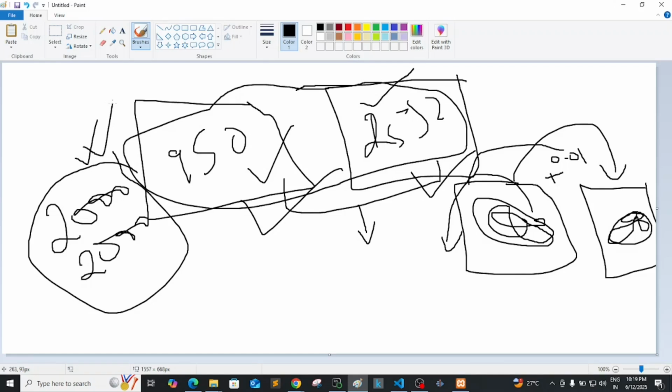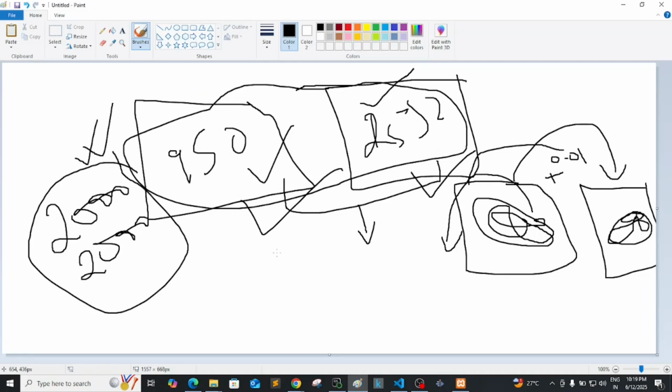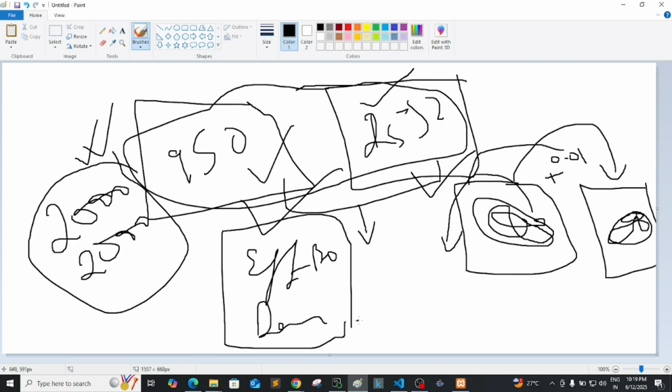So now we understood what we are doing and how we are getting it. And when it comes to model building, which models are we using? We are trying to go with models like EfficientNet B0, ResNet 50, and then the most important thing is we are even trying to go with hybrid models of two different deep learning models.